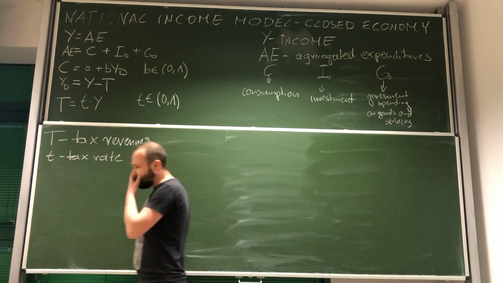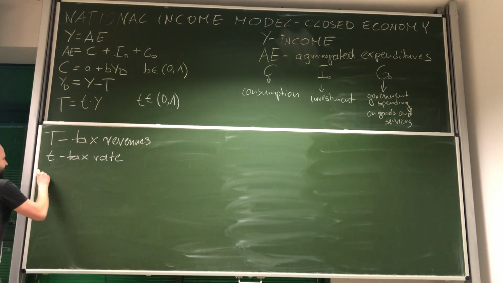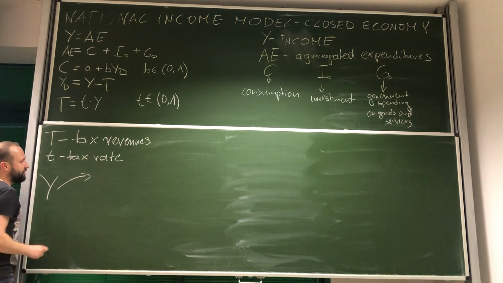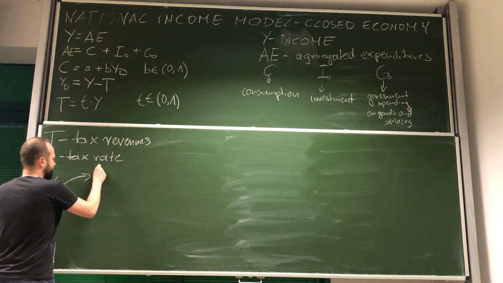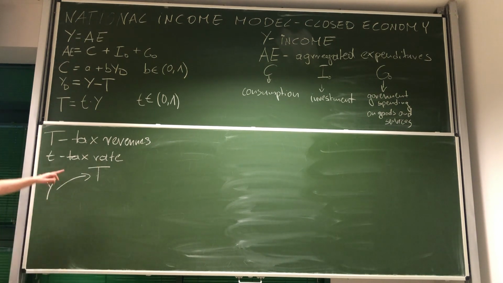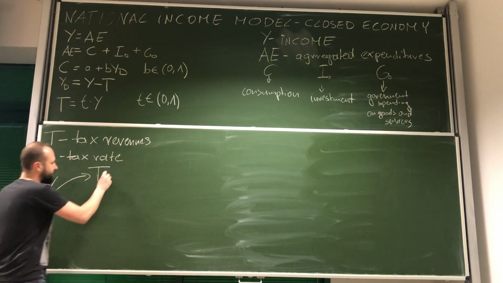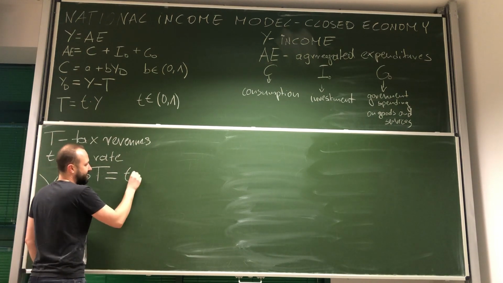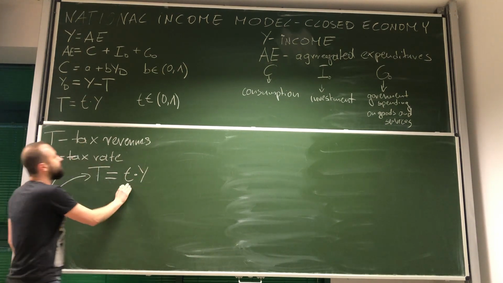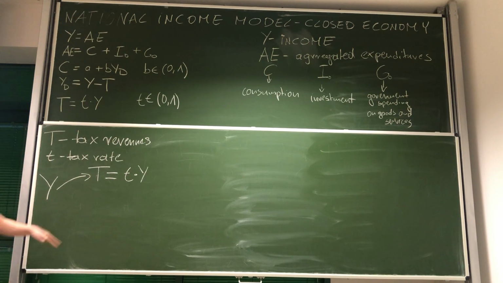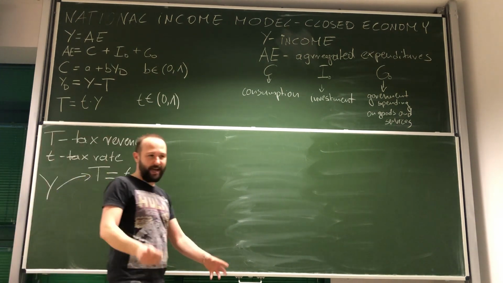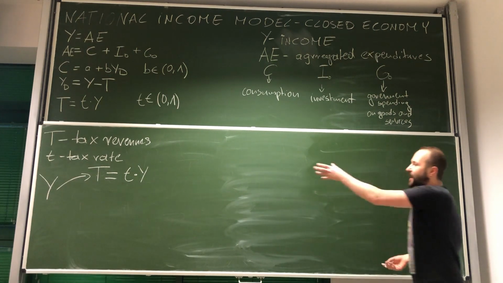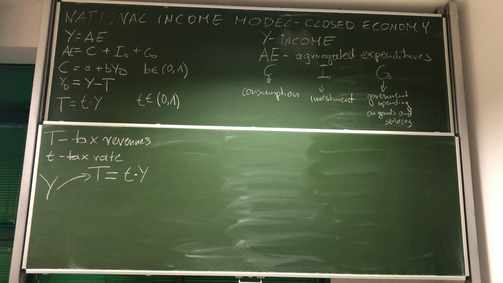And look, it goes like this: when households are paid income, part of this income goes to government in tax revenues. How much of it? Well, government takes t times y. So if t is, for example, 20%, it means that government will take 20% of what you made, and this is going to be the money of the government.